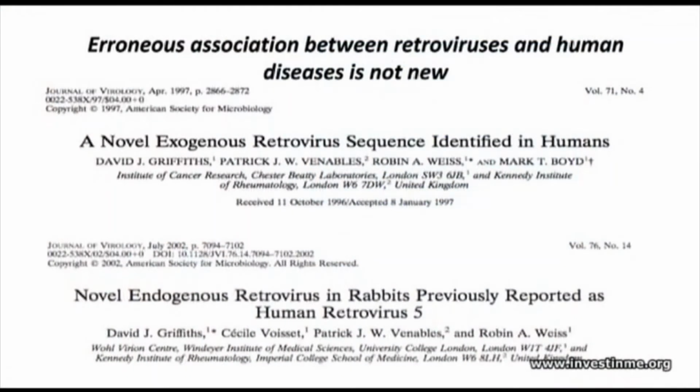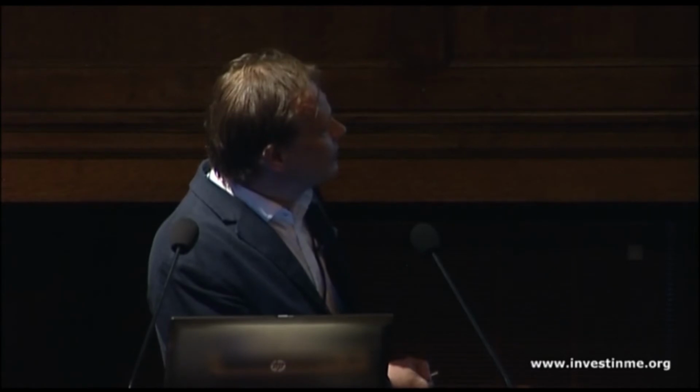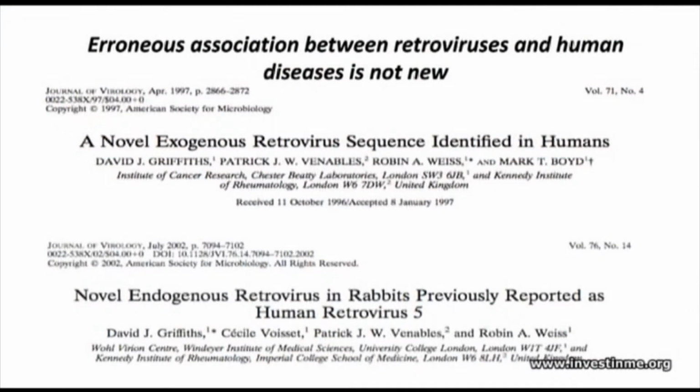We were also very much aware of how retroviruses can be erroneously associated with disease. David Griffiths was a PhD student in the lab next door to me when I was a PhD student, and he spent 5 years working on a virus that he believed was associated with certain autoimmune diseases. However, after 5 years, his postdoc and he demonstrated that in fact the virus was an endogenous sequence in rabbits.